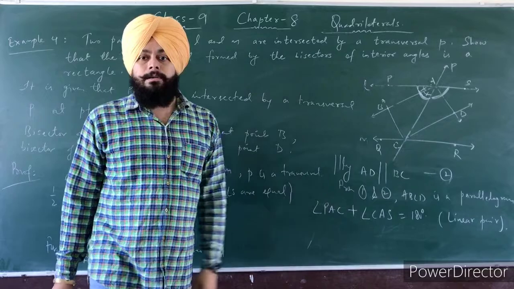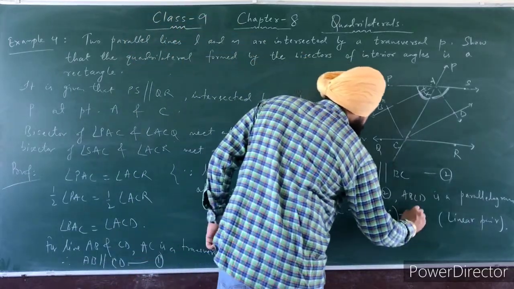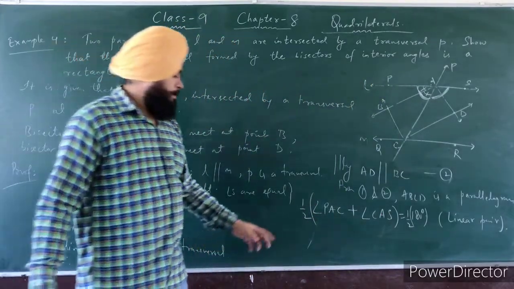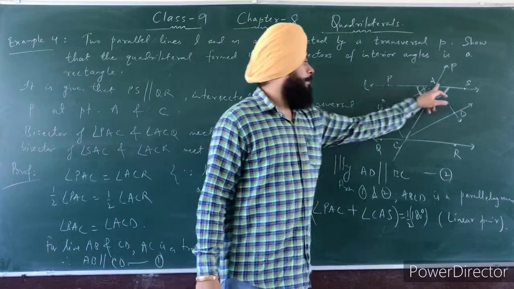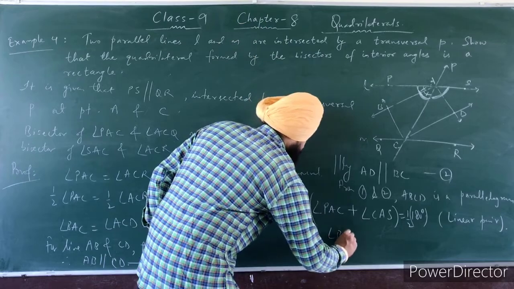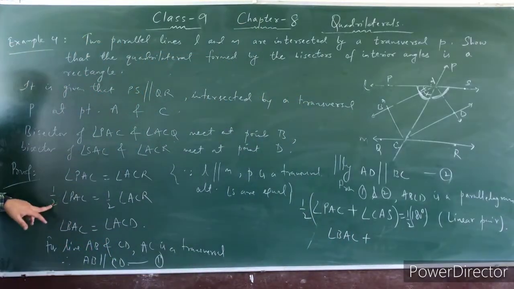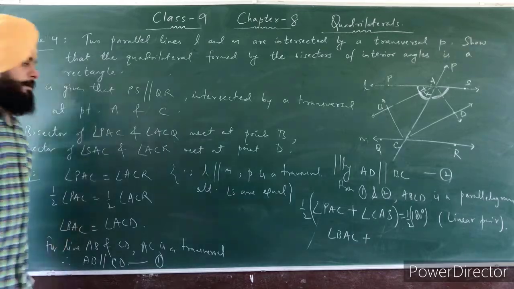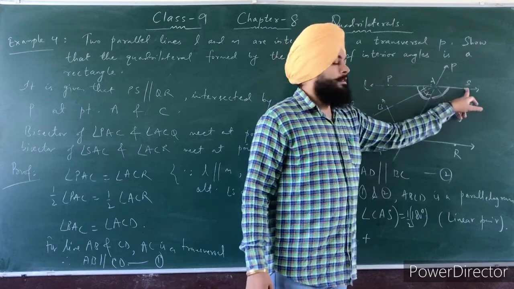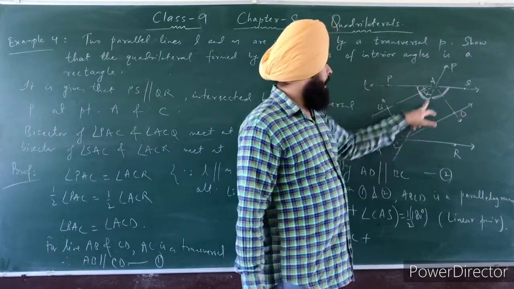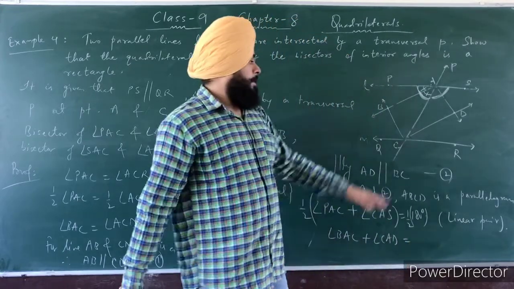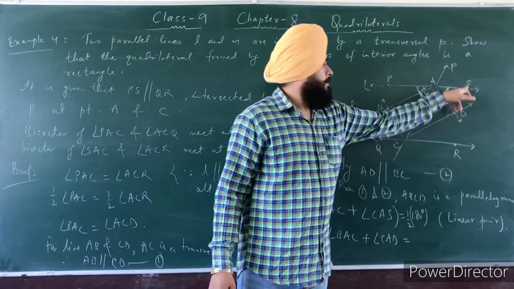Now multiplying both sides by 1 by 2. So what is half of angle PAC? Half of angle PAC you can write as angle BAC, plus half of angle CAS, which you can write as angle CAD, क्योंकि देखो this AD is a bisector of this angle CAS.